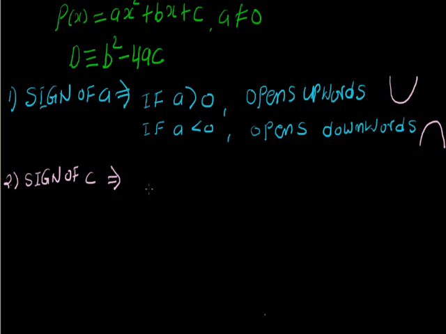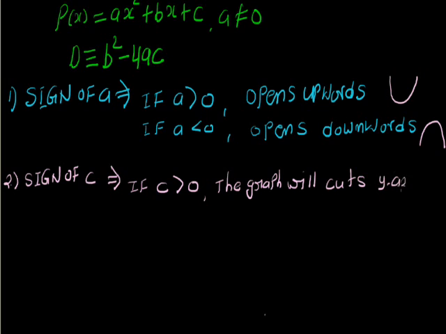Again we consider two cases. If the sign of c is positive, that is, the value of c is greater than 0, then the graph will cut the y-axis on the positive side.